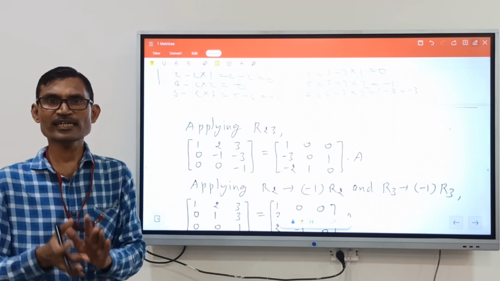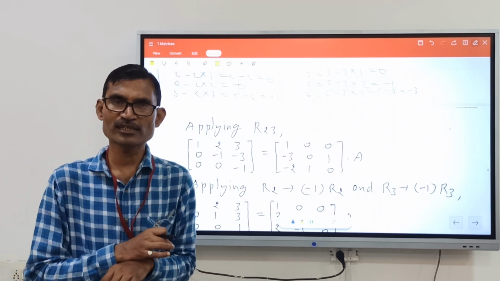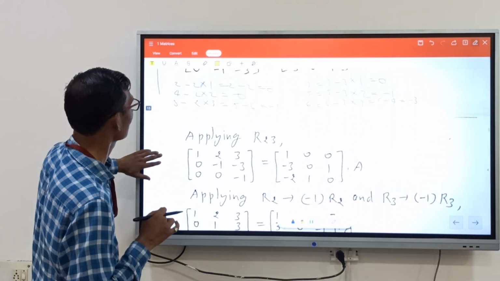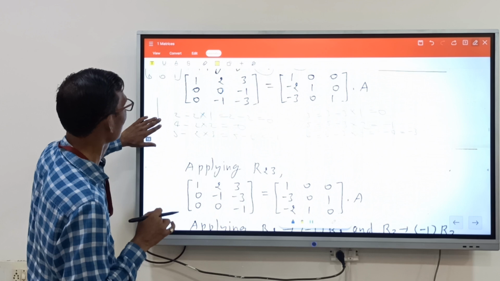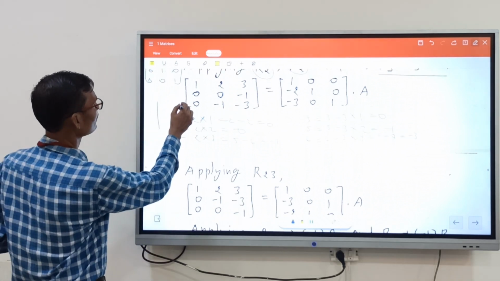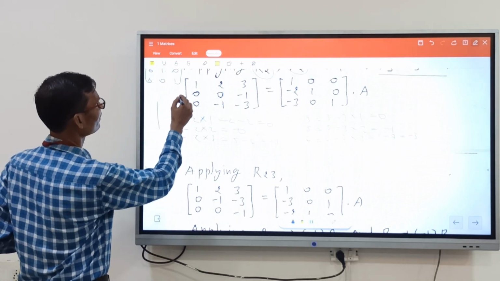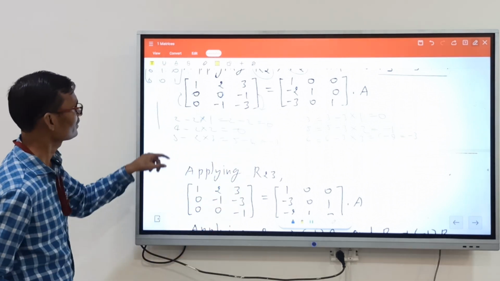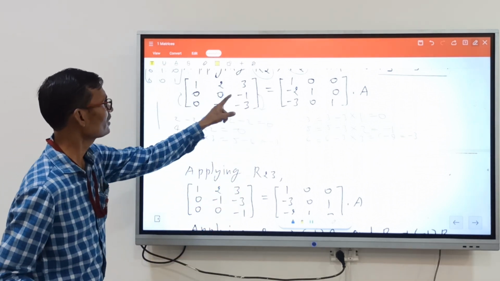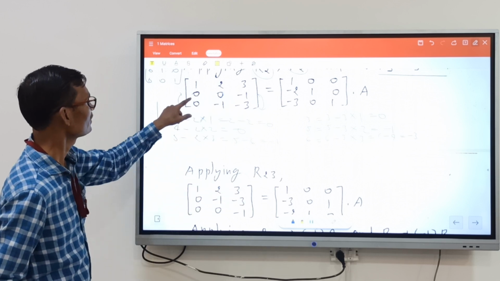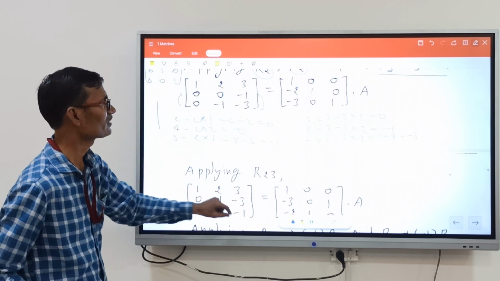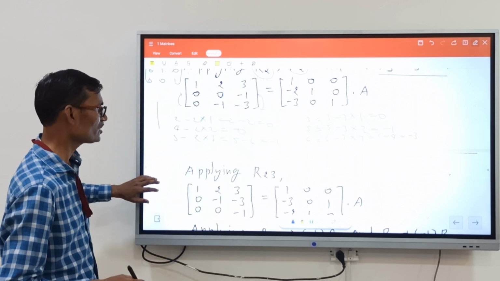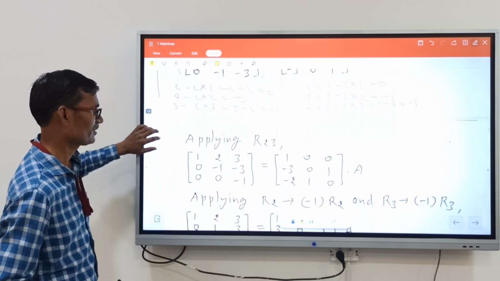It means the second row is going to take the place of the third row, and the third row will take the place of the second. So 0 minus 1 minus 3 comes here, and 0 0 minus 1 comes here. The same thing happens on the right hand side. So this was the next step.